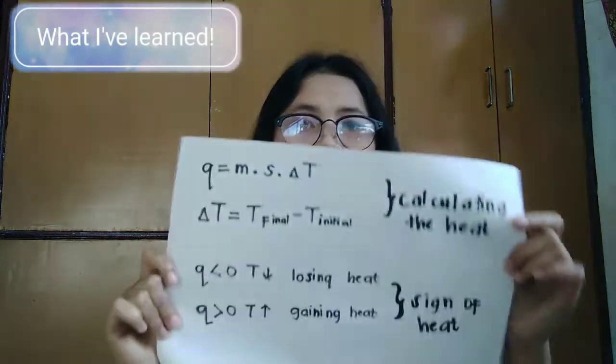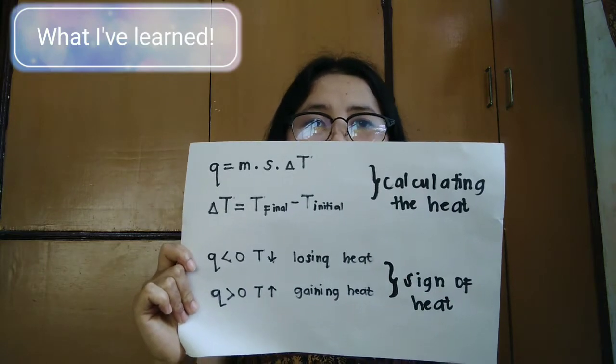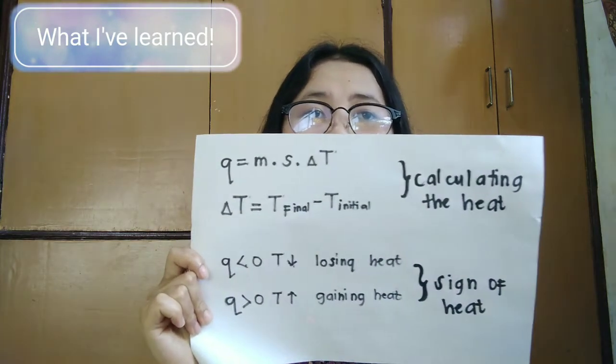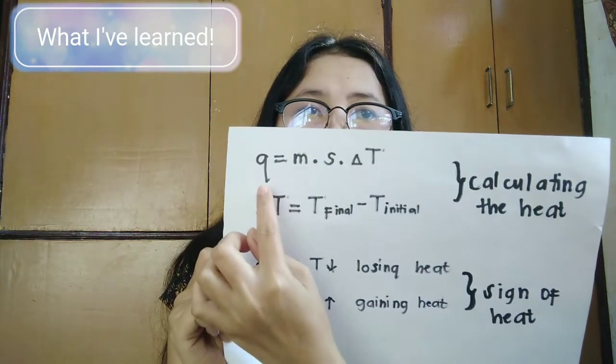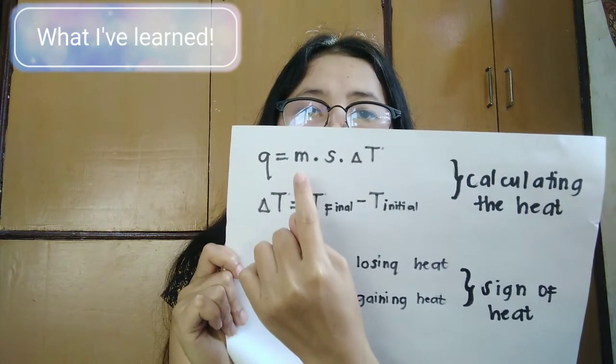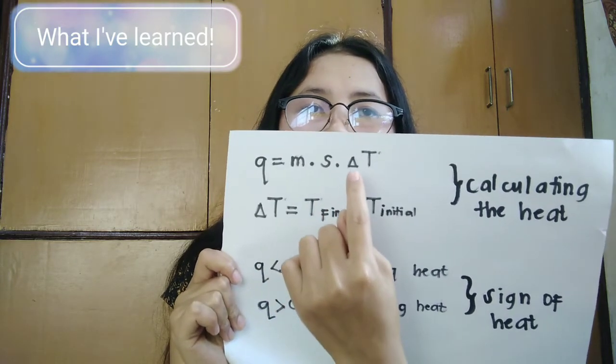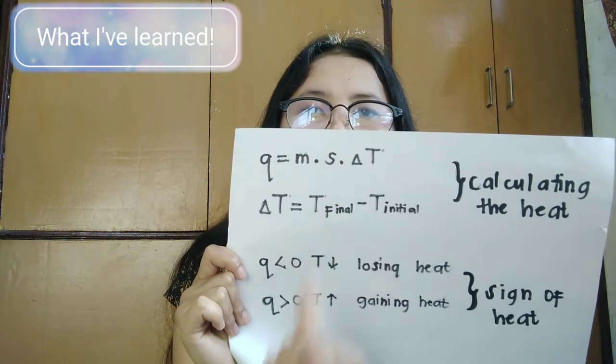So this leads to a very simple equation for calculating heat gained or lost by a substance. Heat, given the symbol Q, is equal to the mass of the substance times the specific heat capacity times the change in temperature.